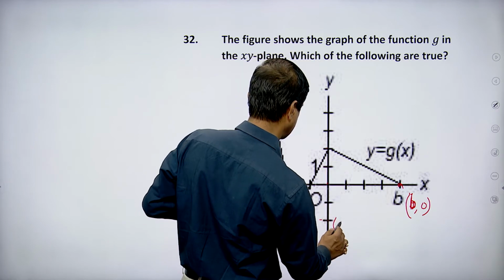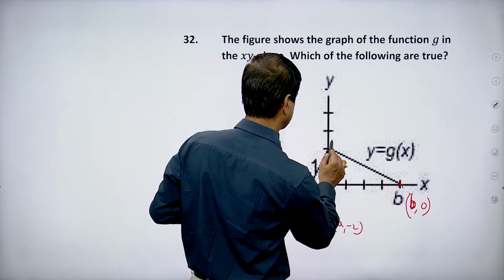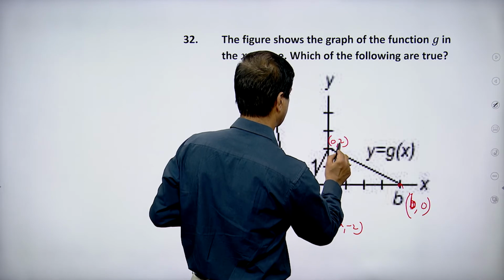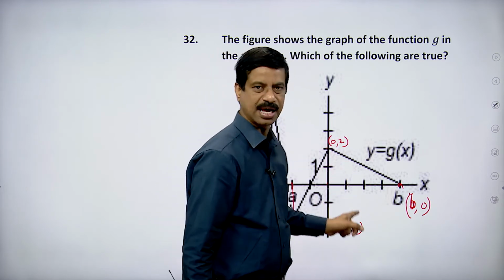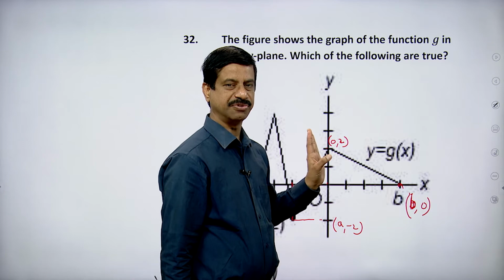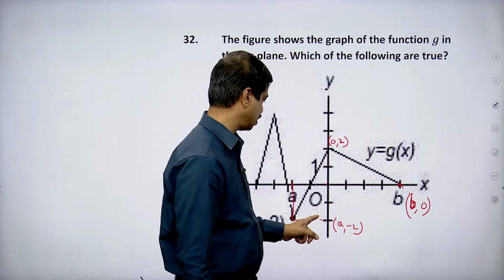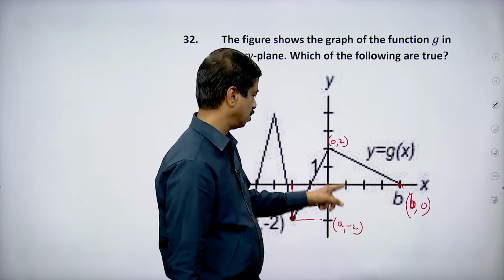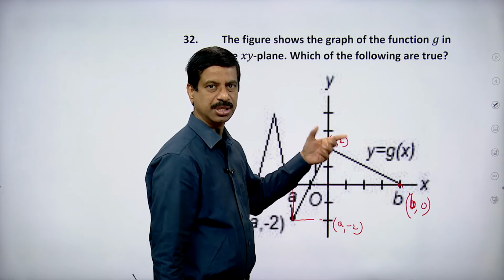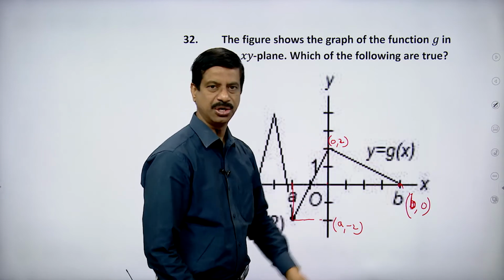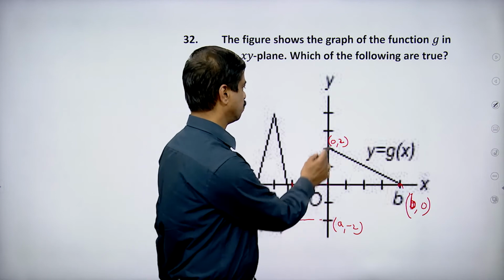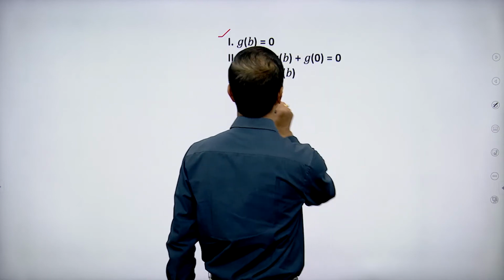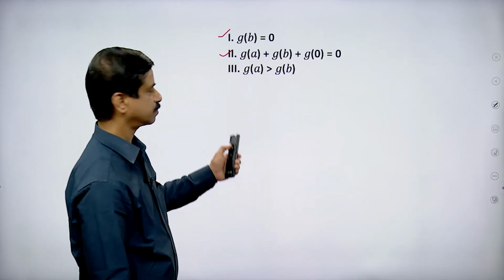That means this is a comma minus 2, this is 0 comma 2. You see, I said if one is minus times the other, then answer is finished. So, if I take g of a plus g of 0, you will get minus 2 plus 2, that is 0, because g of b is already 0. So, minus 2 plus 2 plus 0 is 0. So, even second option is right.